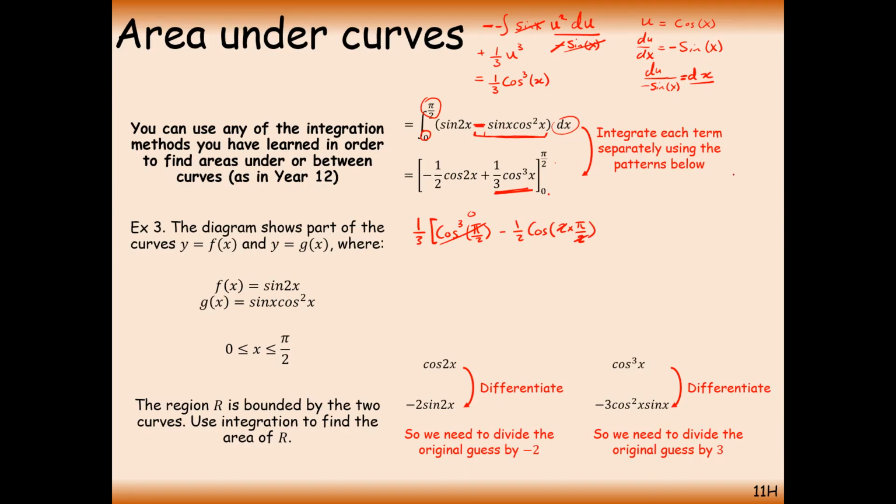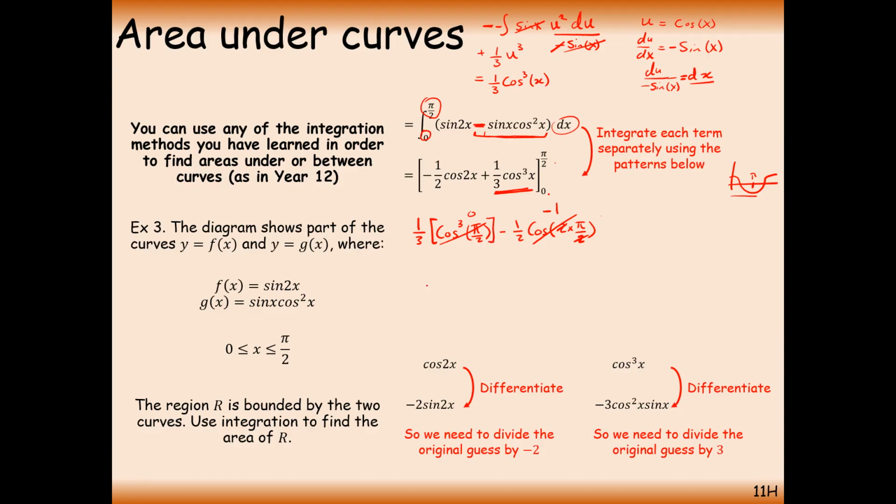Cos is negative 1 at pi. So this half will multiply by negative 1 here.